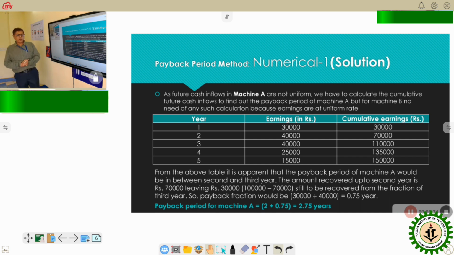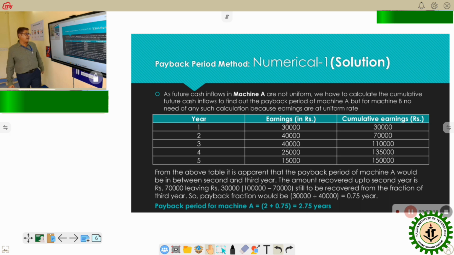Now we need to determine the payback period for machine A. We see that the cost of investment for machine A is 1 lakh, and we observe that in the second year 70,000 is already recovered. Since the cost of the machine, 1 lakh, is greater than 70,000, at the end of second year only 70,000 is recovered.